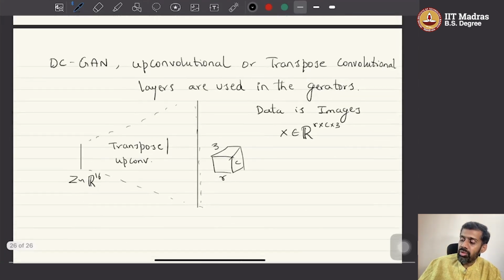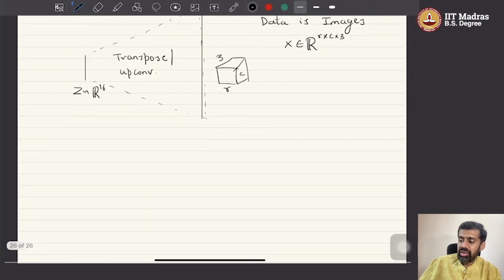In deep convolutional GAN, there's no reshaping operation, but the transpose or up convolution layers are used, so that you start from a 16 or 32 dimensional real number space, and the final layer would have the data in the appropriate shape as that of the actual data itself. You don't have to reshape the data. So that is what is typically referred to as the convolutional GAN. This is specific to images being used as data.